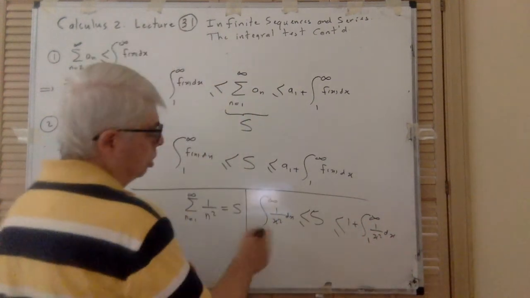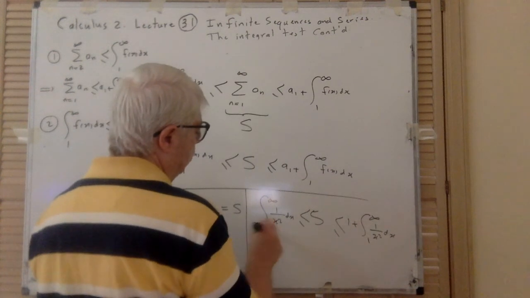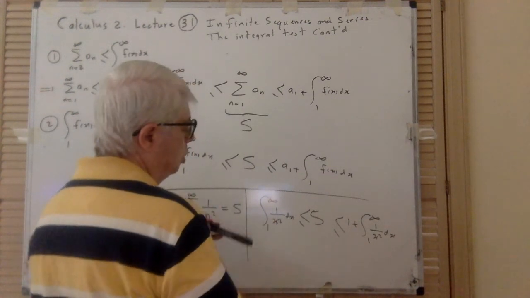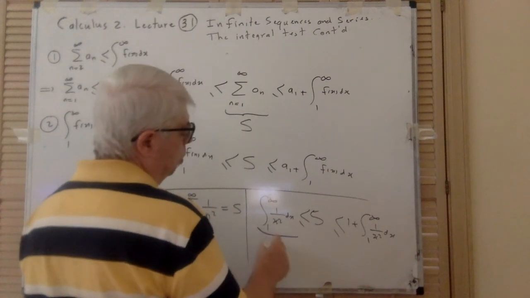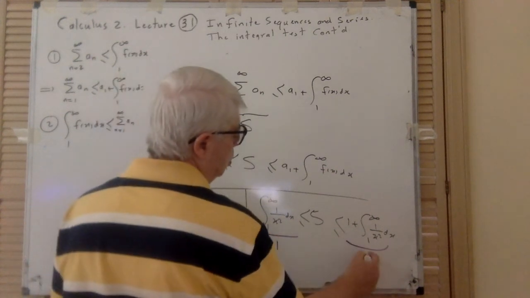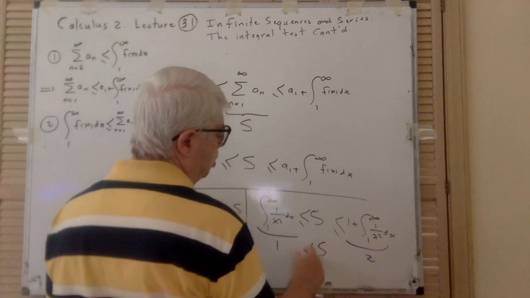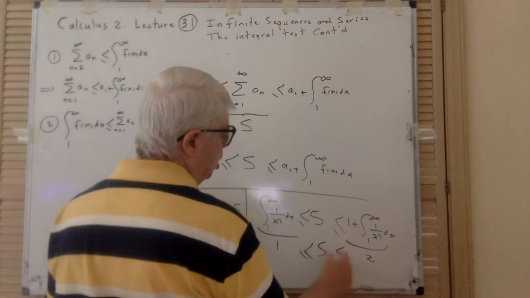Okay, now what is this integral? You know, we have found it a million times. So this is 1. You can find it, we did. This is 1 in fact, so this whole thing is 2. So we have S is bigger than 1 and less than 2.